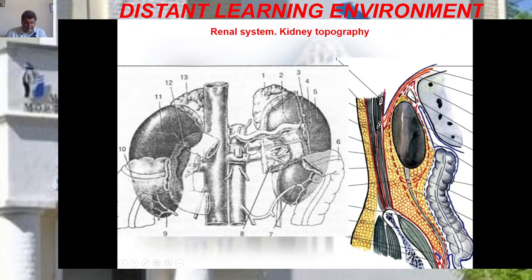The middle third is related to the pancreas, you may see the part of the pancreas here, and the upper part of the lateral border of the anterior surface to the spleen. You may see particularly the spleen and the splenic artery and vein. The lower end of the anterior surface is related to jejunum loops. You may see particularly the initial part of the jejunum.